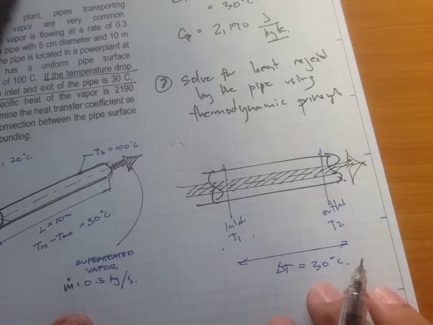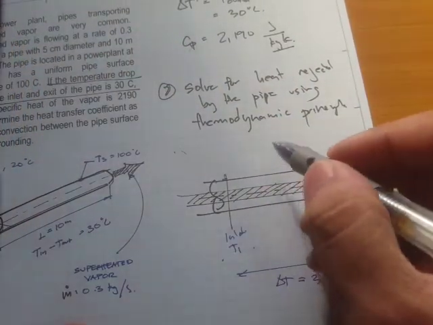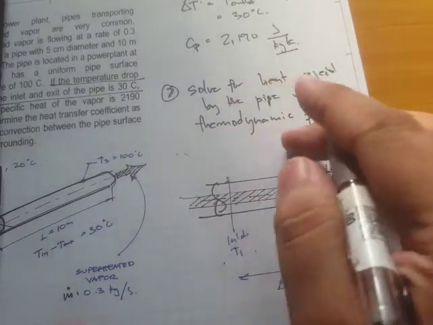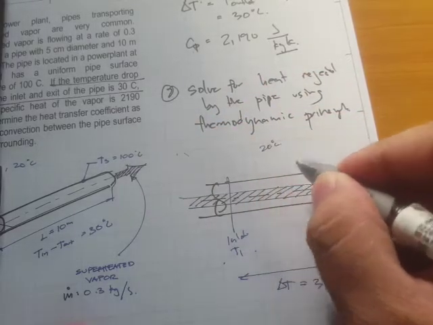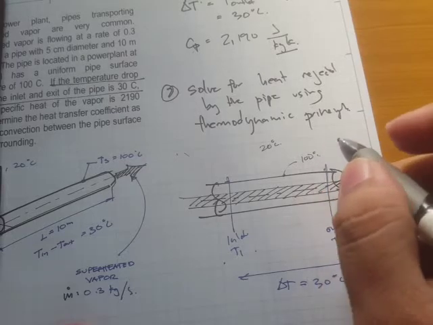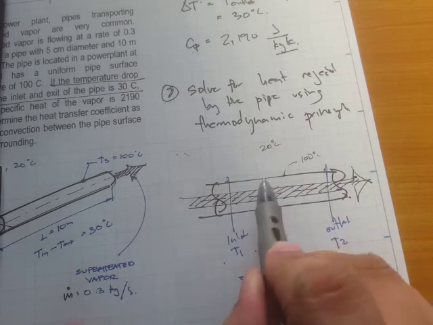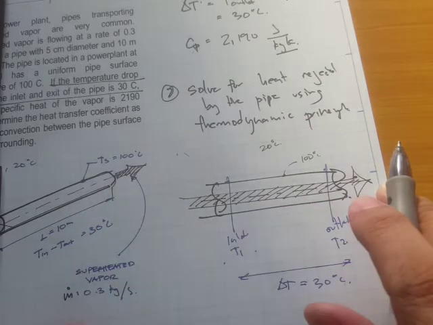So in other words, if the outside temperature, or the ambient temperature, or the air temperature is 20 degrees C and this one is 100 degrees C, then the reason why this surface is hot is simply because of the flowing fluid.